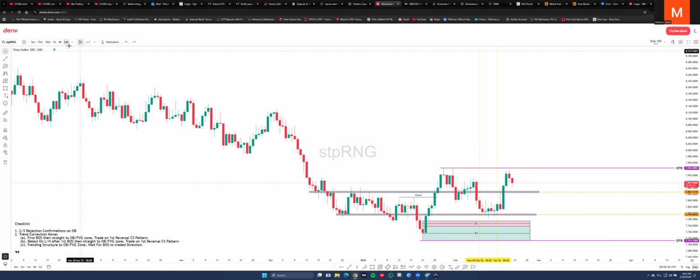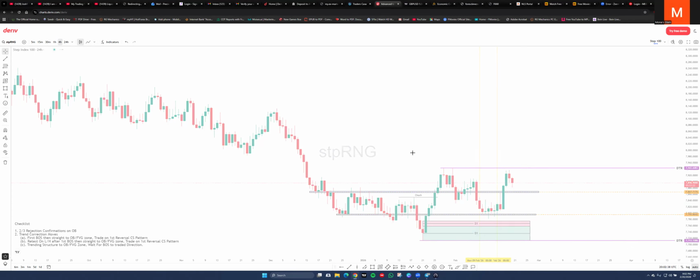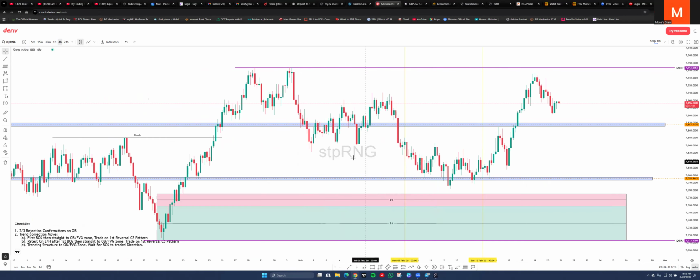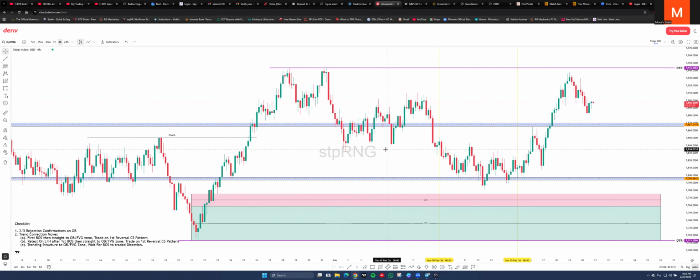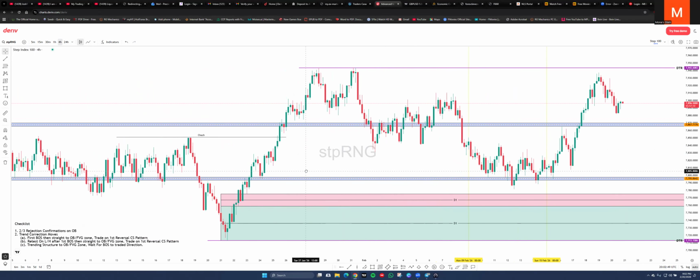All right. So if you go down to a 4 hour time frame, we have several positions where we could draw out our order blocks and our fair value gaps before we had the break of structure or the change of character on daily.